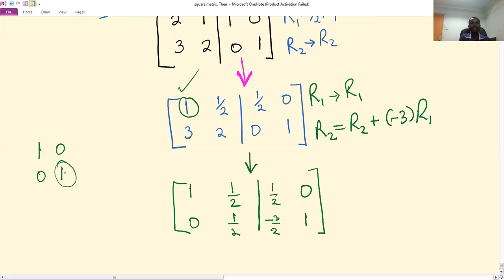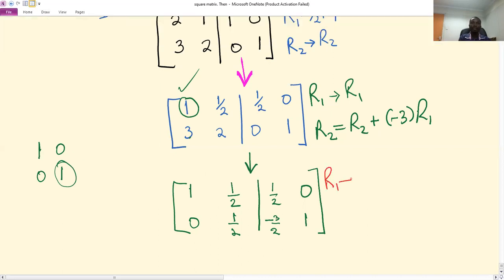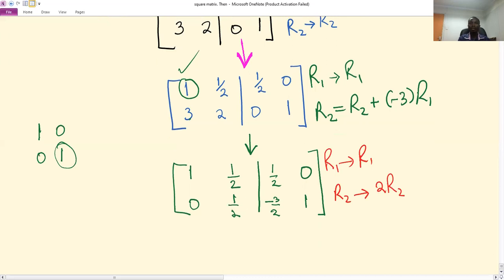So expect this position to be 1. So how do I make 1 here? I'll multiply everything by 2 in this row so that I get this position to be 1. So I'll say my row 1 to be row 1, my row 2 to be twice row 2, so that I ensure that this position is 1.